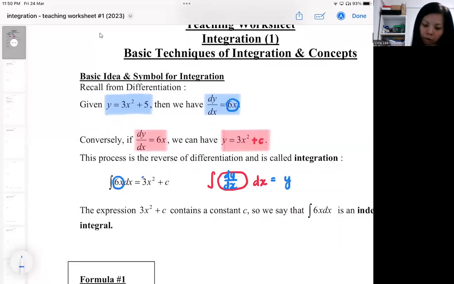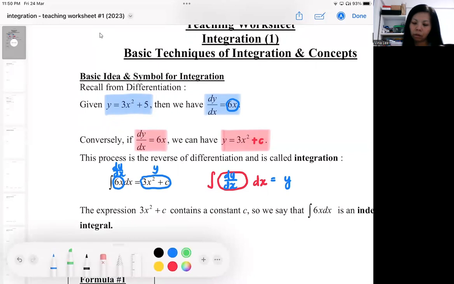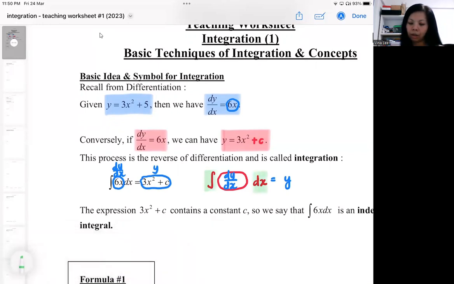So this whole thing is y, and this is the dy dx. I will always tell students, when you present your integration, it's like a fork and spoon. The integration sign and the dx is like a fork and spoon. Then you put on your plate your dy dx. So that is the symbol for integration.